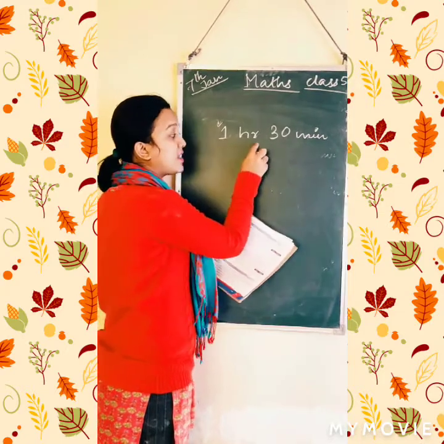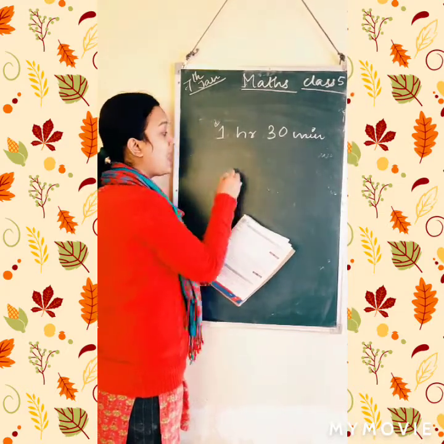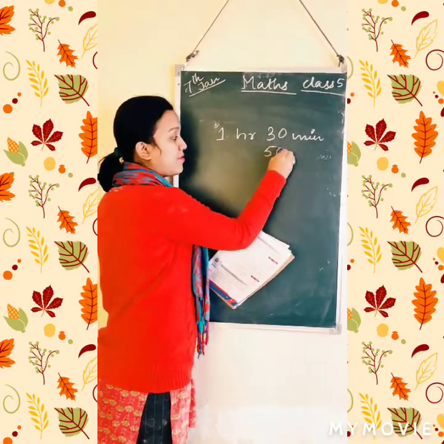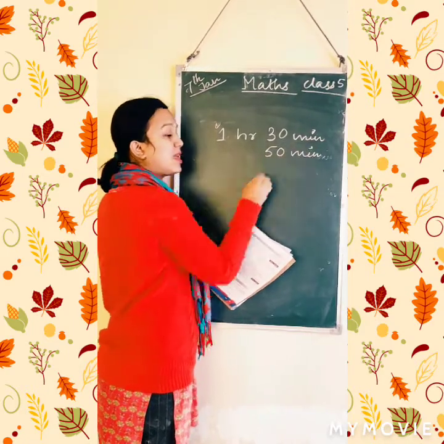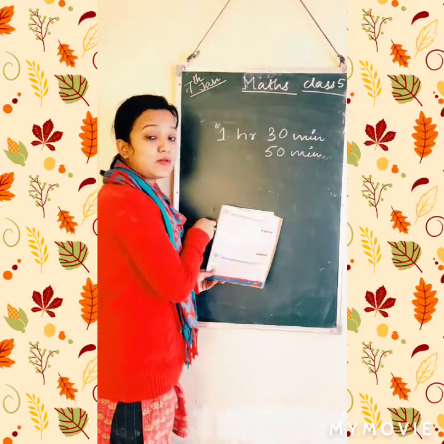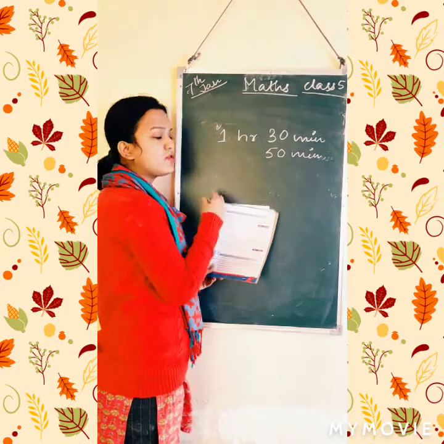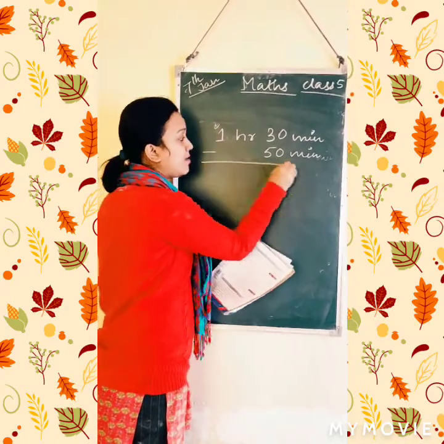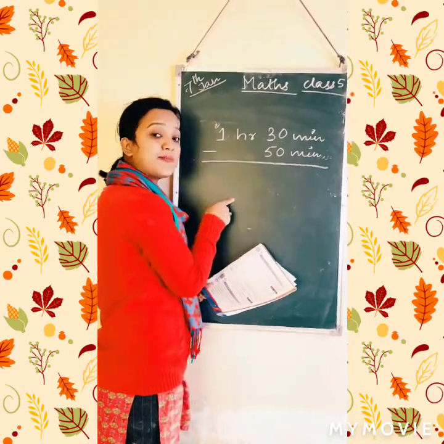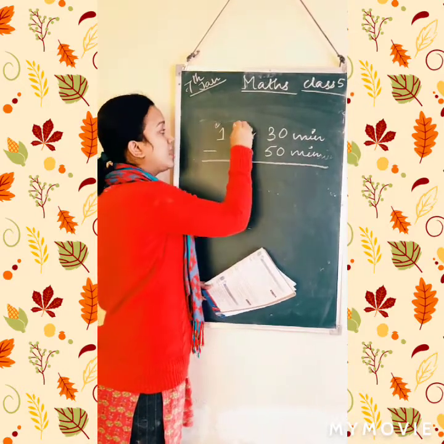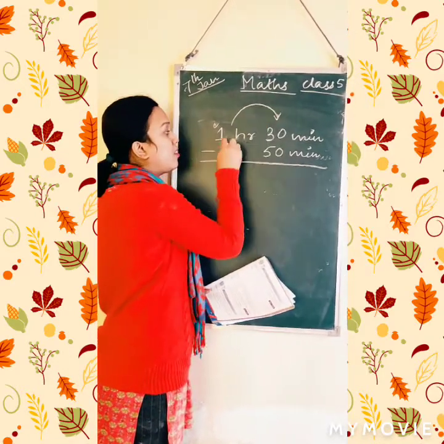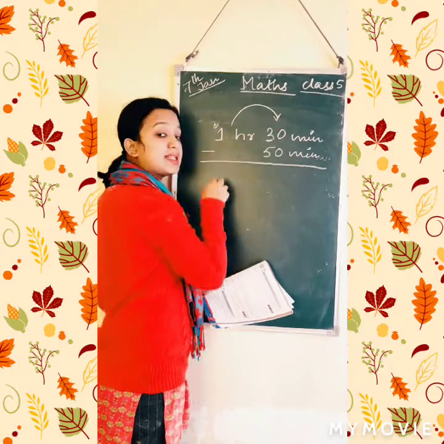If Mr. Roy has spent 1 hour 30 minutes and Pawan has spent 50 minutes, okay? So they are asking you, how much more has Mr. Roy spent? So nothing, you have to subtract it. If I subtract, you cannot subtract 5 from 3. So I take a borrow from 1 hour, I take 60 minutes.